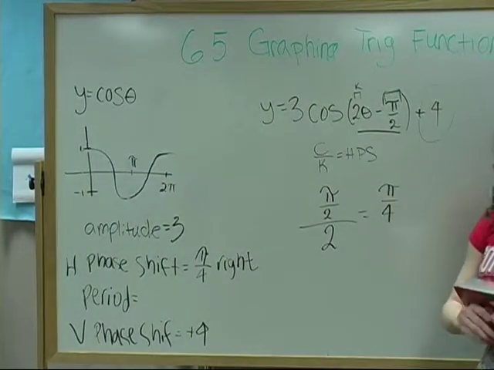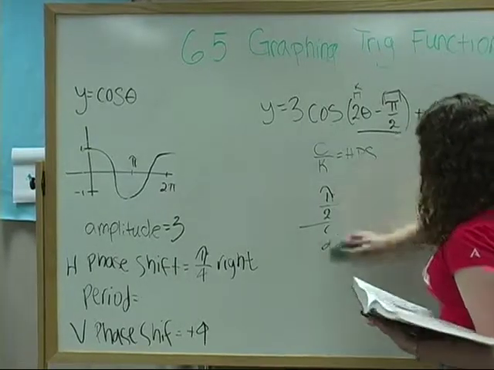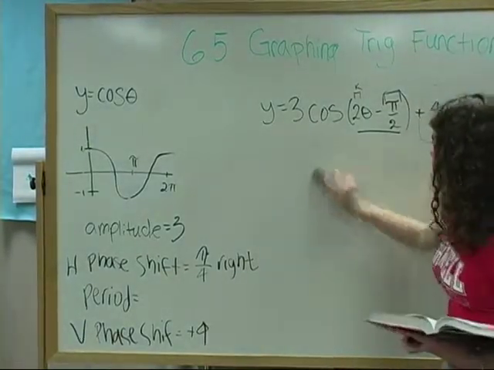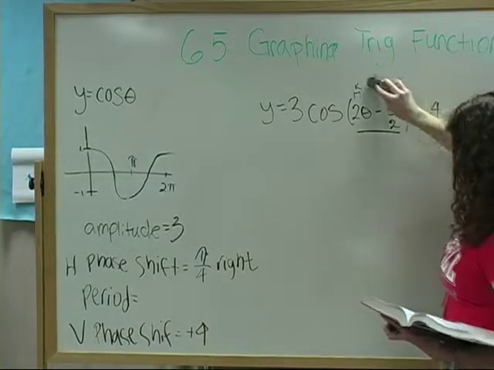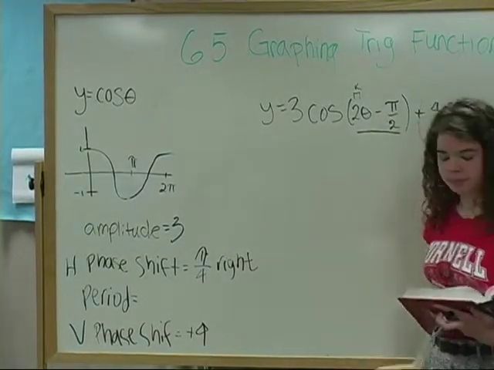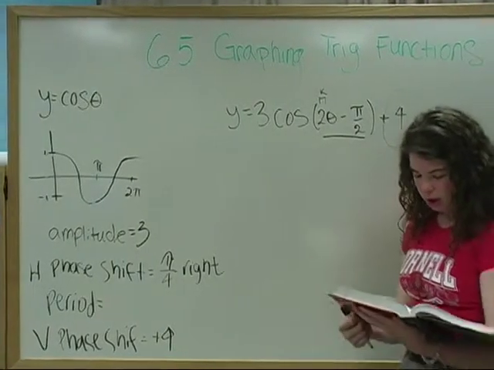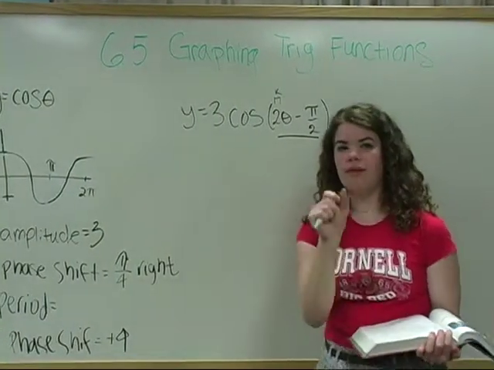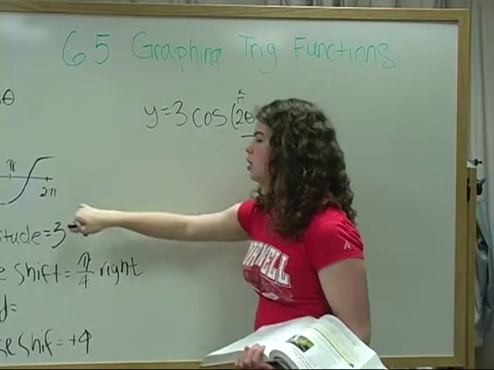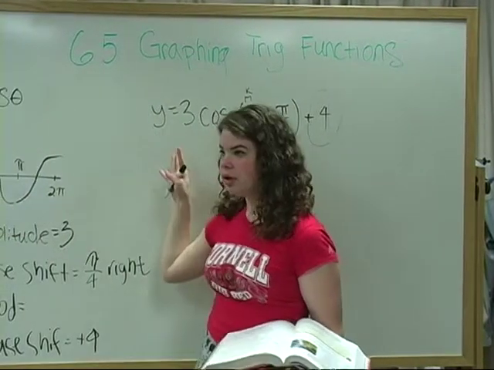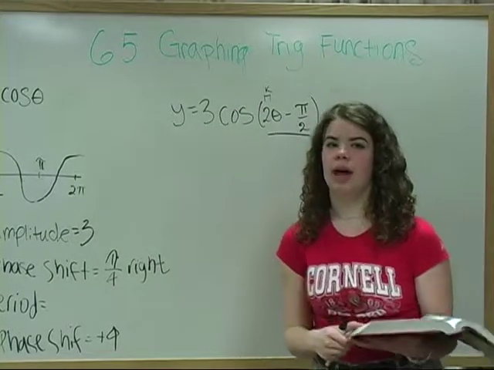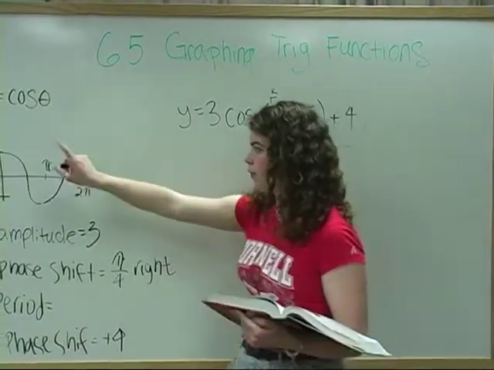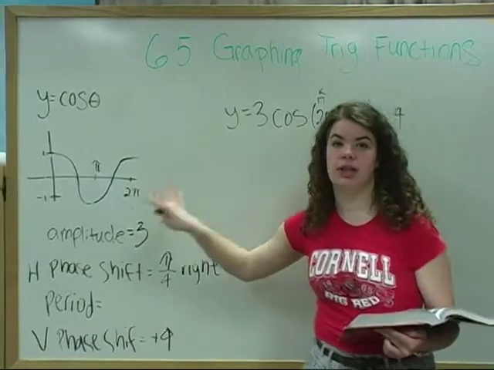Now let's find our period. Our period in the equation is going to be dealing with this K value, which we see right here. K is the amount that your graph expands or contracts. So this is going to either get wider or more crunched together, and it determines how long it takes for the graph to complete one entire cycle.